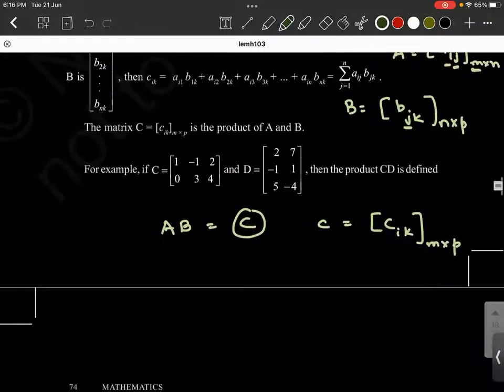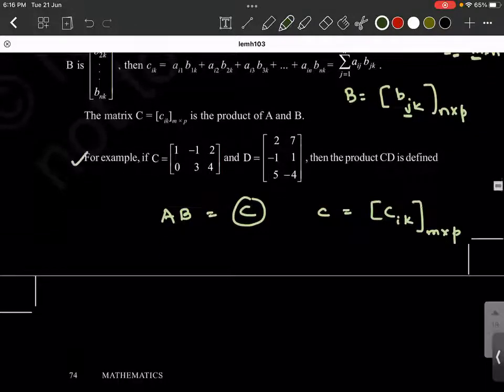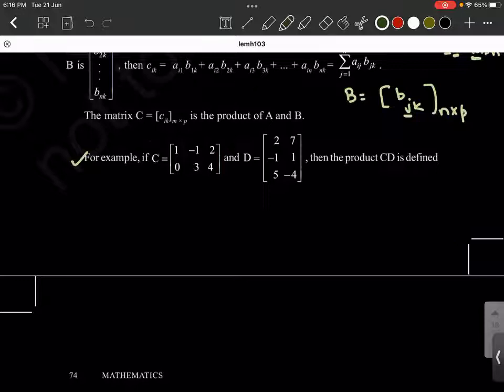Okay. Let us take an example and try to understand this. If I take C is equal to 1, minus 1, 2, 0, 3, 4, what is the order of this matrix? 2 cross 3. If I take D as 2, 7, minus 1, 1, 5, minus 4, this is of the order 3 cross 2.